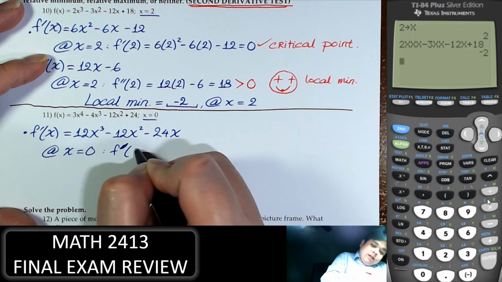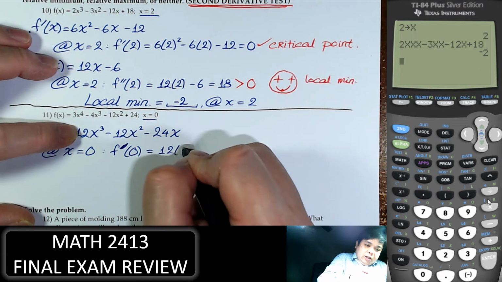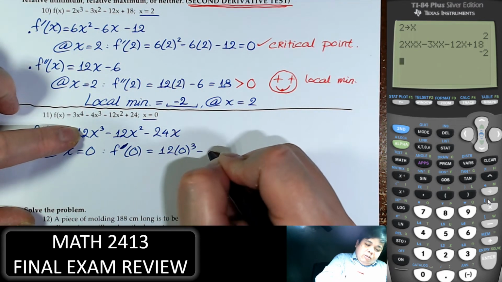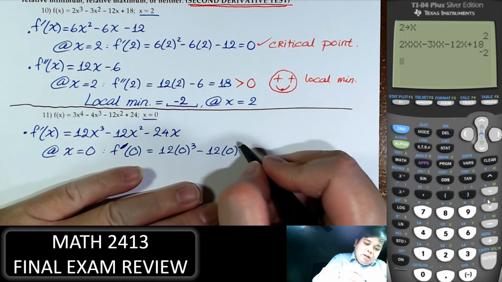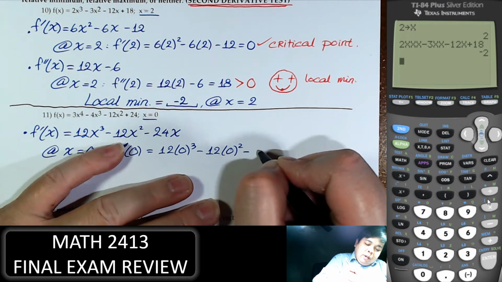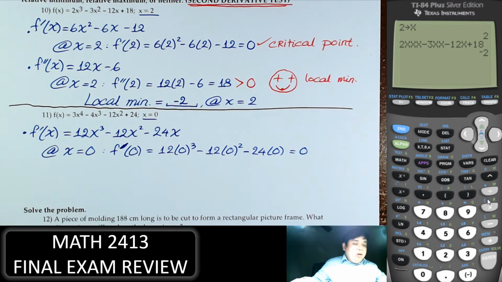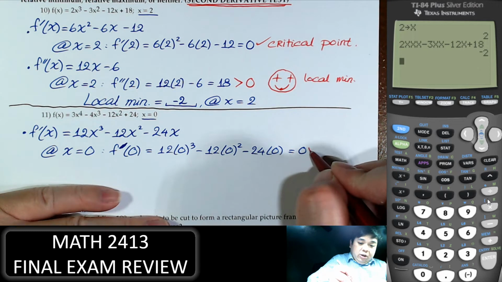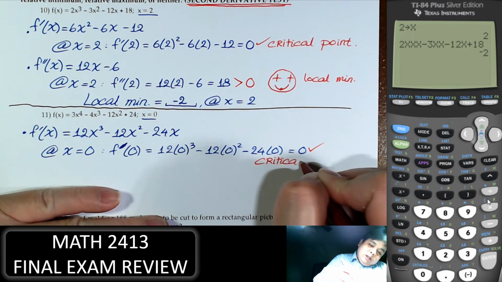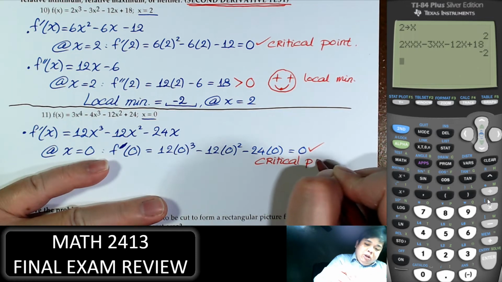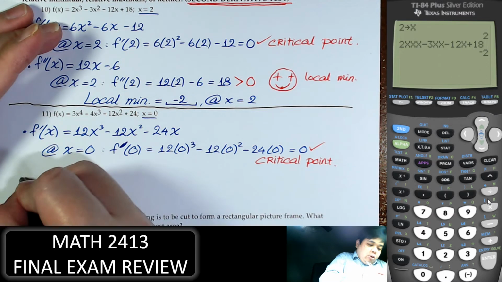Derivative at 0: 12 times 0 cubed minus 12 times 0 squared minus 24 times 0. So that checks, derivative equal to 0, so it is a critical point. That means we can go further. Now we go to the second derivative.